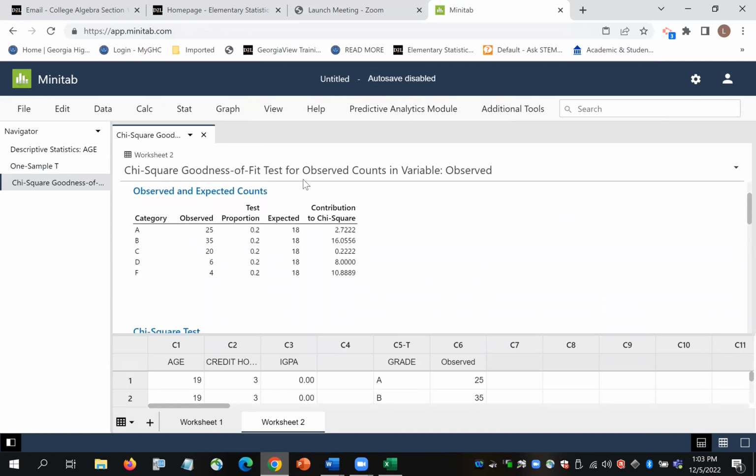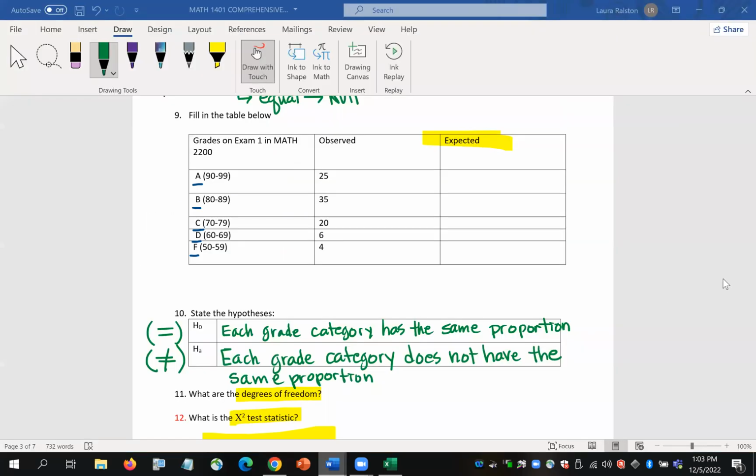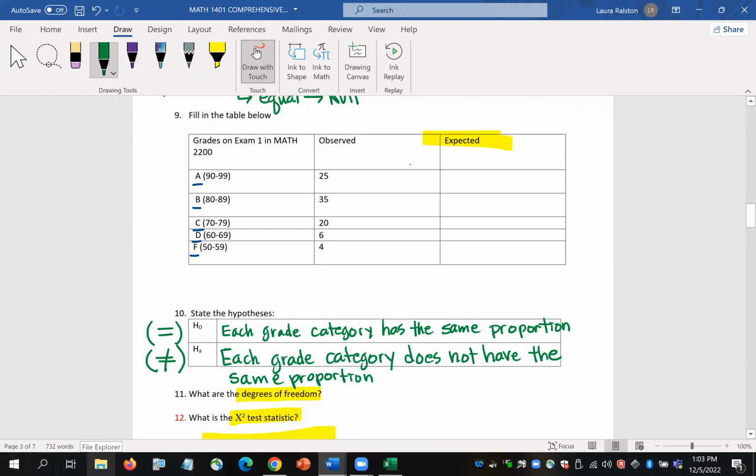Now, initially, here under observed and expected counts, I'm going to copy this. Well, come on, mouse. That gives me what I need to fill in this table. I'm trying to get my mouse to go where I want it to go, but it's not cooperating.